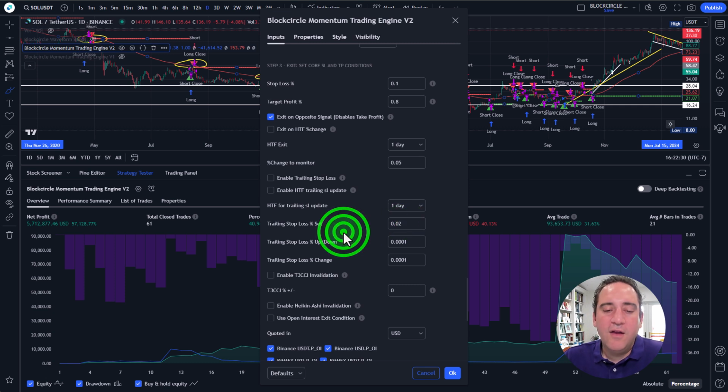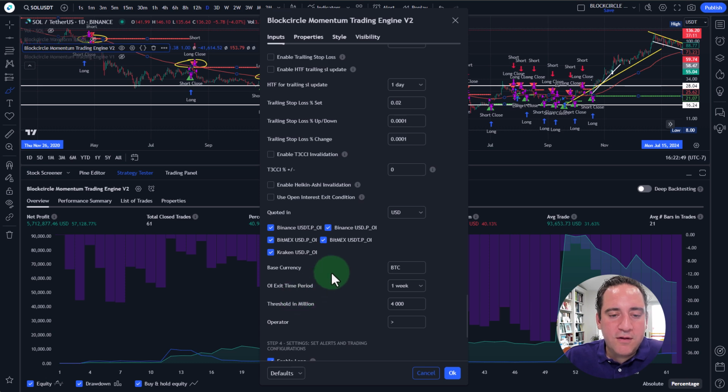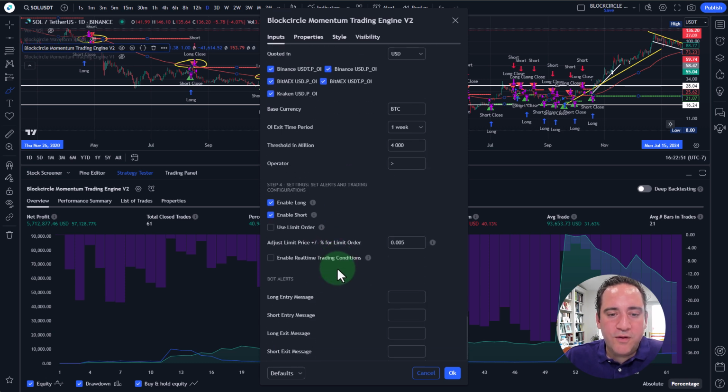If your momentum is shifting in the opposite direction, would that invalidate the trade? If you're using Heikin-Ashi, if you're in an open long and it's determined that it was a green candle using the Heikin-Ashi methodology, and it flips to red, would that invalidate the trade, right? Do you want to invalidate using open interest? So these are some of the indicators that I think would hopefully be helpful.